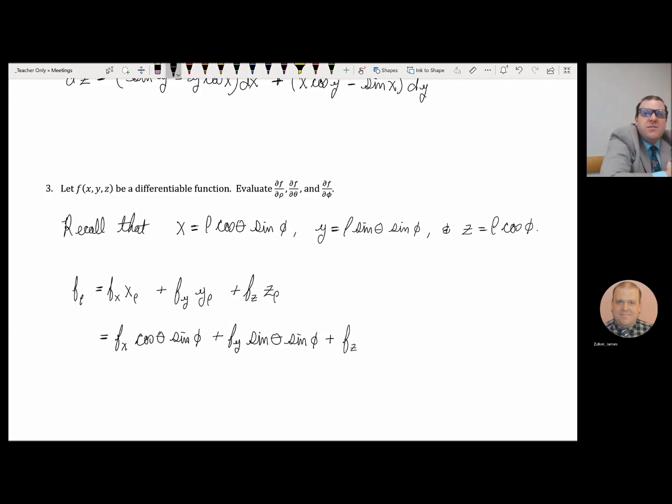And partial of z with respect to rho. There's partial of f with respect to rho.